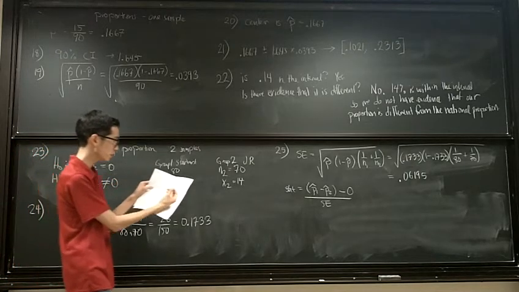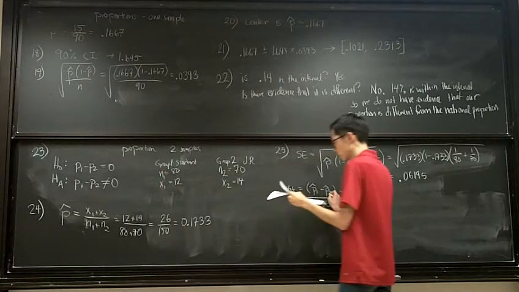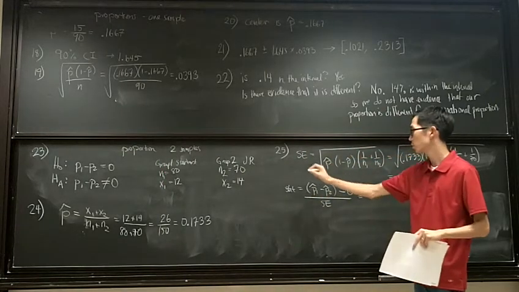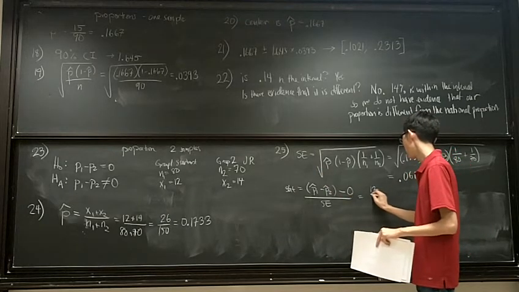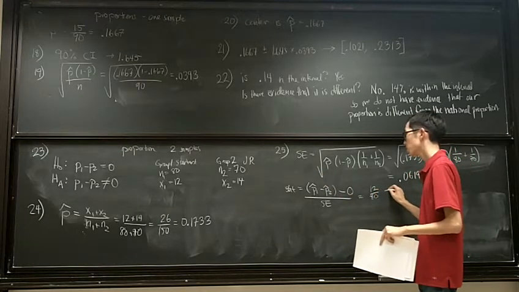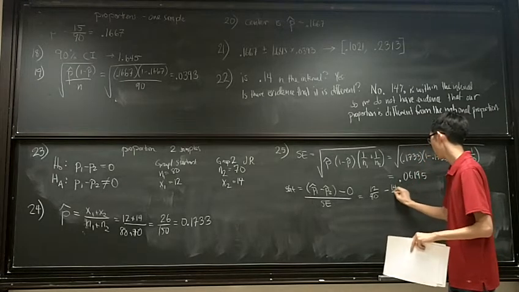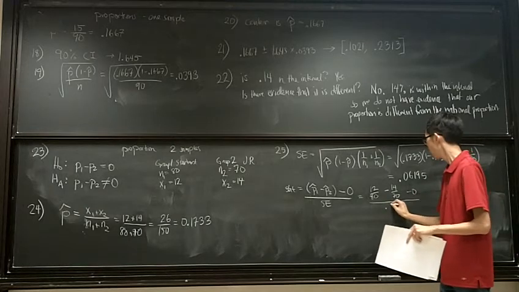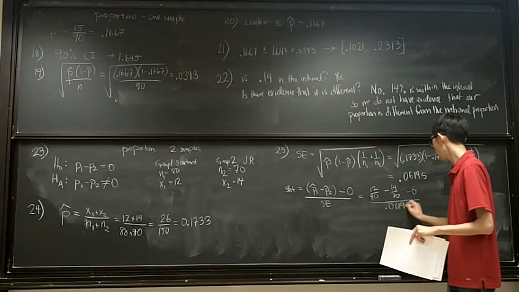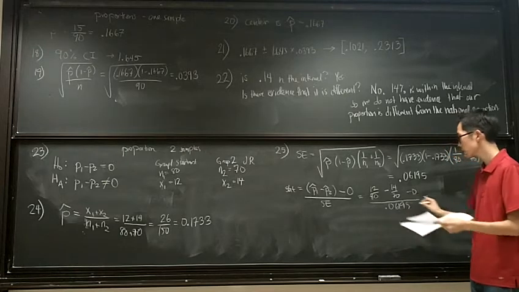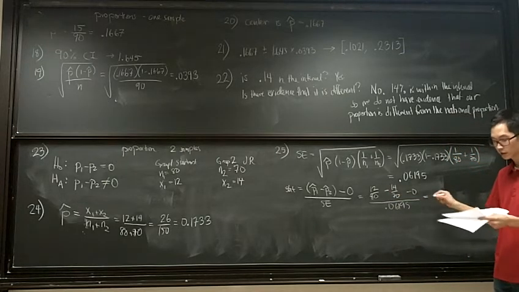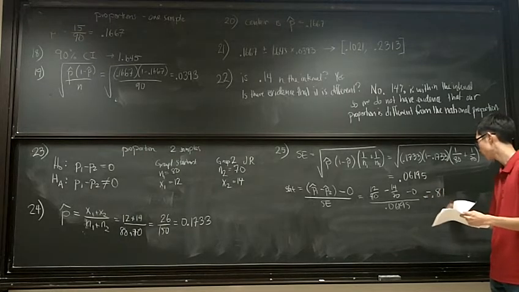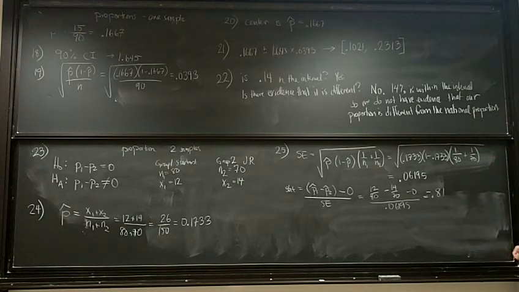So p1 hat is 12 over 80 minus p2 hat, which is 14 over 70, minus 0, divided by 0.06195. When I do the numerator and then the denominator, I get negative 0.81 as my test statistic.